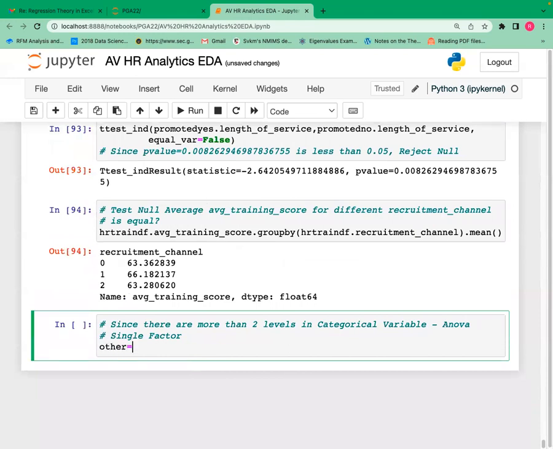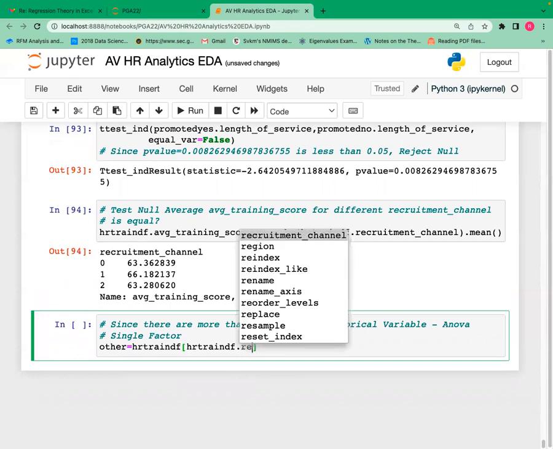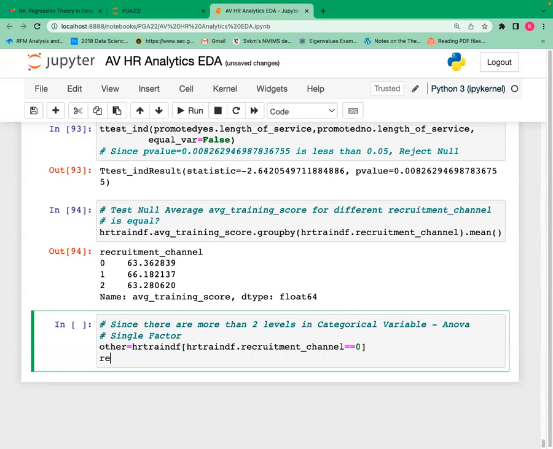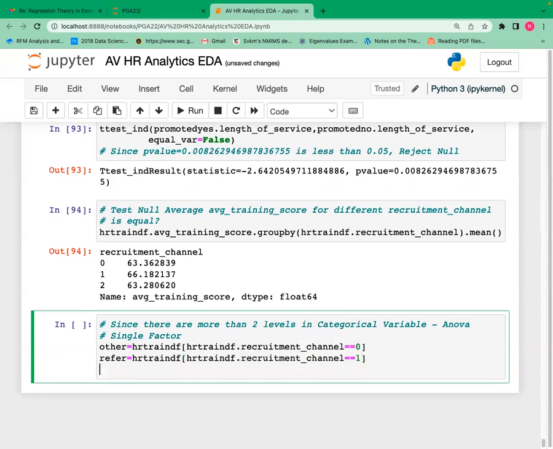Other is equal to HR train DF square bracket HR train DF dot recruitment channel double equals to 0. Referred is equal to HR train DF square bracket HR train DF dot recruitment channel double equals to 1.